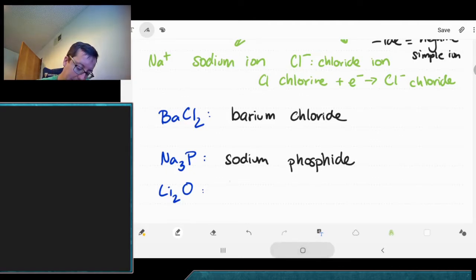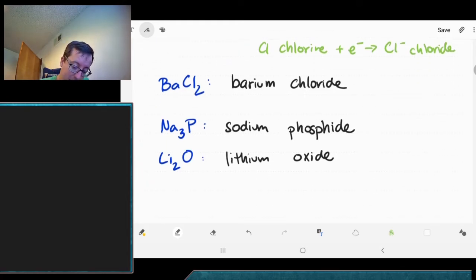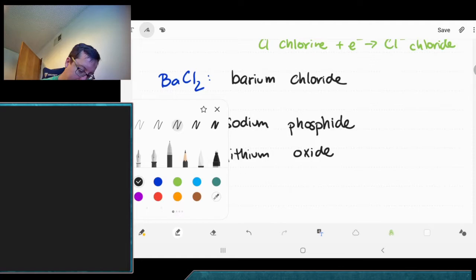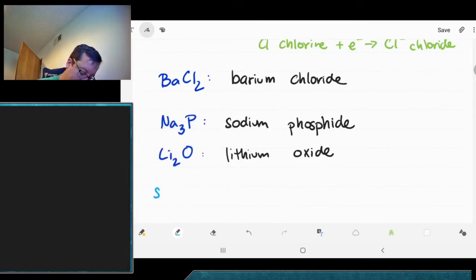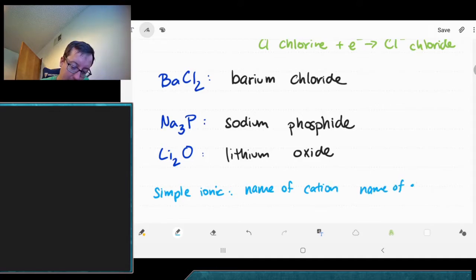And then lastly, we have lithium oxide. And so we see here there's a definite pattern, right? We say, for simple ionic compounds, the name of the cation followed by the name of the anion.